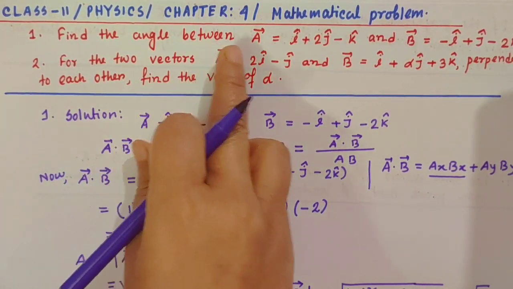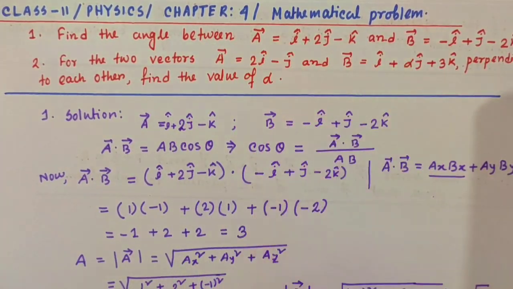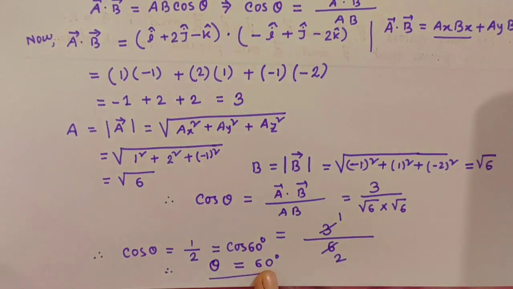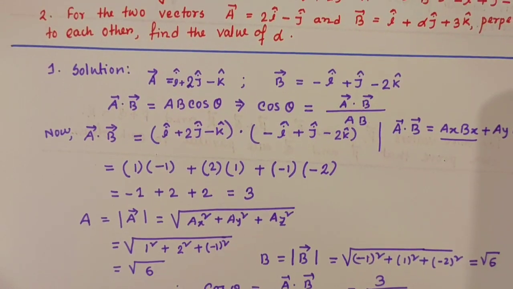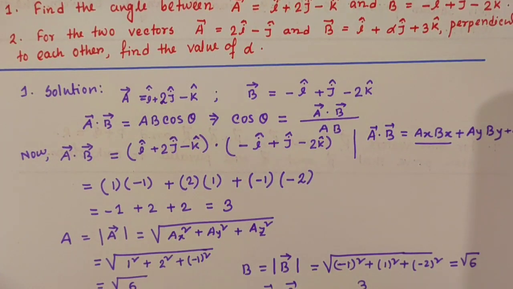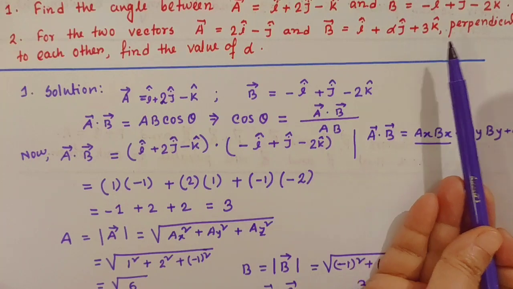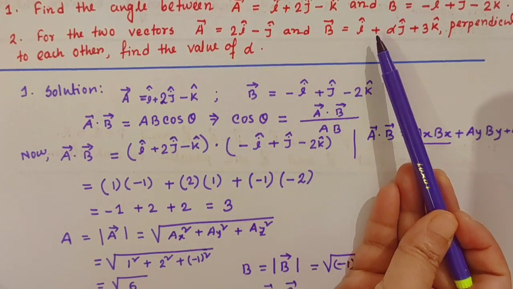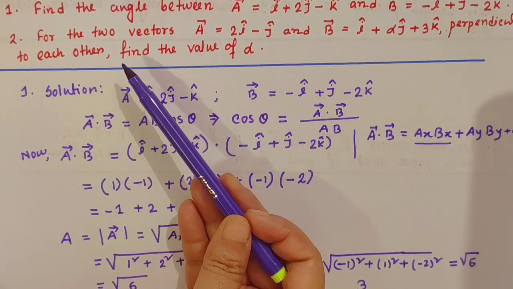Find the angle between vector A and vector B. So the angle between vector A and vector B is 60 degree. Clear? Now the question number 2. For the two vectors A and B, perpendicular to each other.